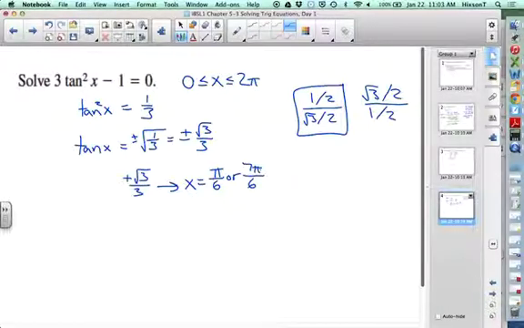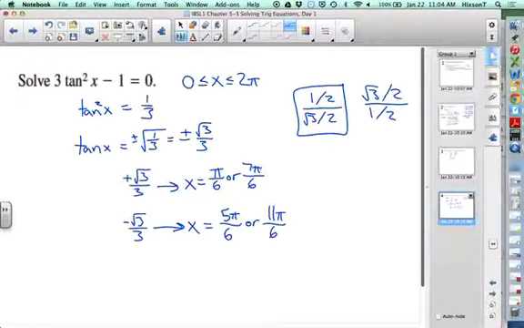But we can't just look at the positive one. This is a problem where it's really easy to lose half your answers, because we also need to look at a negative root 3 over 3. That's going to give us x equal to 5 pi over 6 or 11 pi over 6.